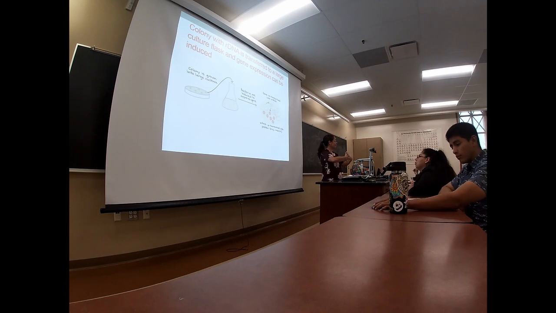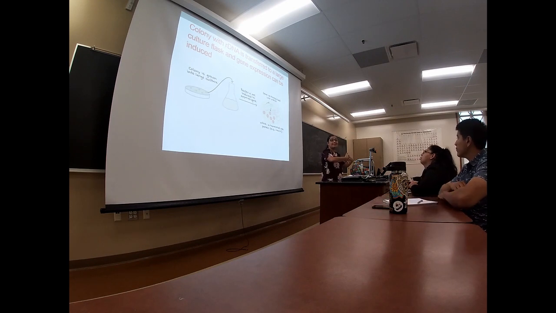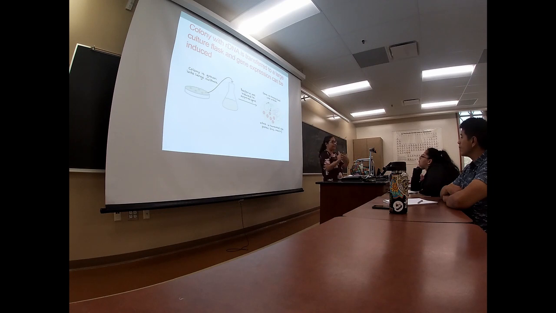You have to break open those cells. You have to disrupt the cell membrane and break them open so that you can then purify the proteins out. You guys will also do that step. We call it lysing, breaking open the bacteria and releasing the proteins.